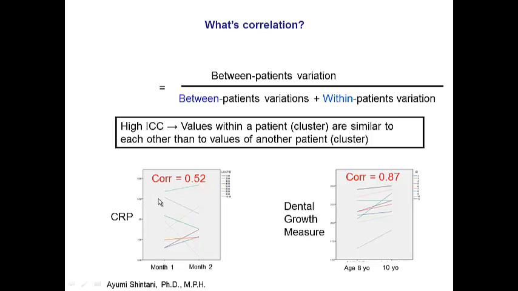One way to remove it is to model correlation. Higher correlation means more stable measures, which means much higher between patient variation than within patient variation. So to focus on within patient variation, we model the correlation between repeated measures.